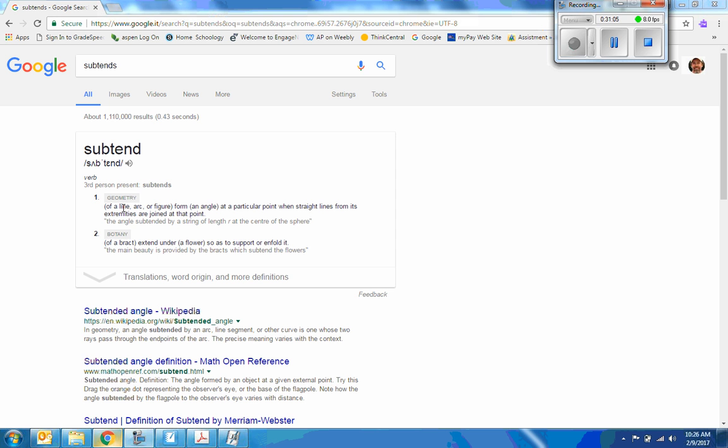Okay, so here's what subtends means. Of a line, arc, or figure form an angle at a particular point when a straight line forms its extremities are joined at that point. Okay, so subtend just means that a point where straight lines form its extremities are joined at that point and it forms an angle.